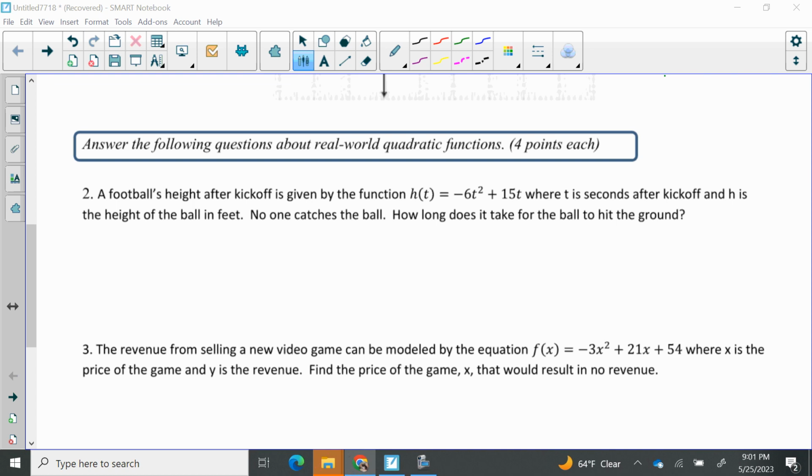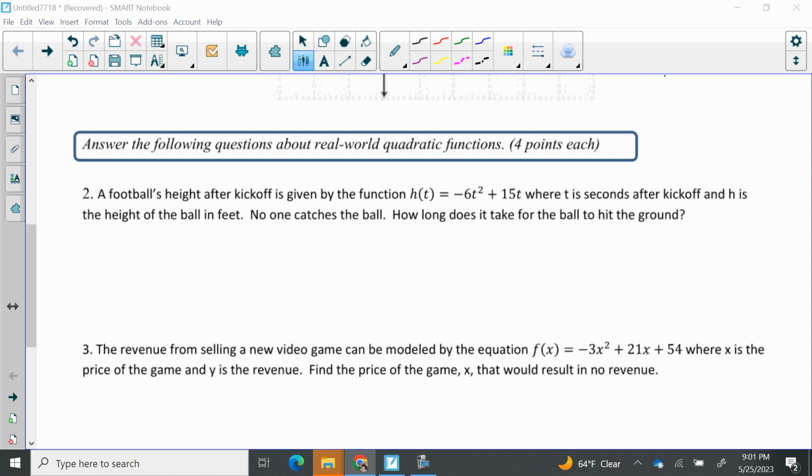I could factor this out or use the quadratic formula, but when you have a graph that represents the function, you can use those x-intercepts to determine those values. So I'm going to go ahead and show you.